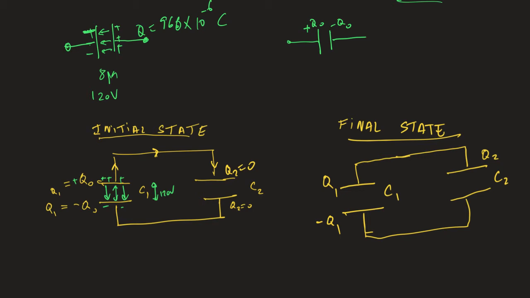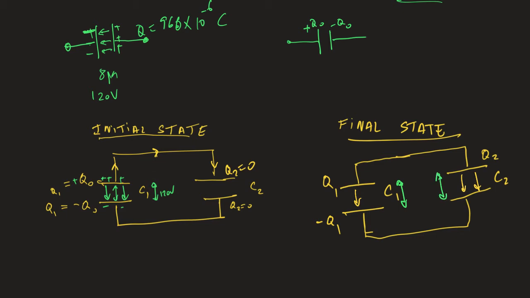So in the final state, you will have some Q1 here and some Q2 on the second capacitor C2. You will have an electrical field here that will be different from the initial electrical field, and you will have a different potential here. This is the different potential that now will not be 120 volts.